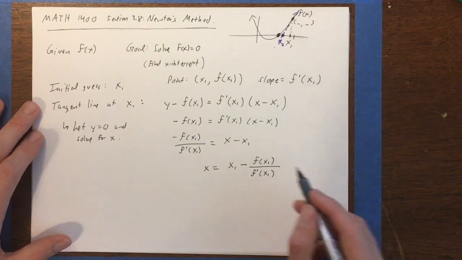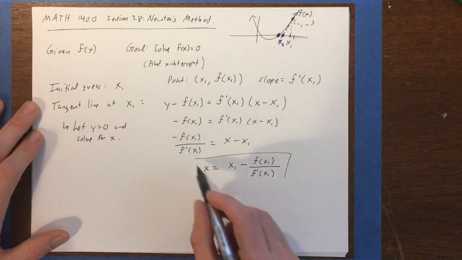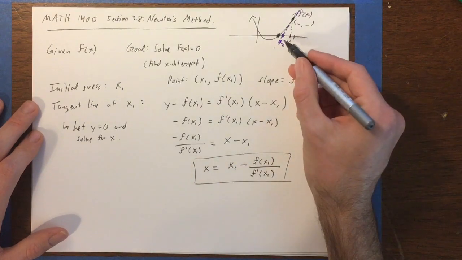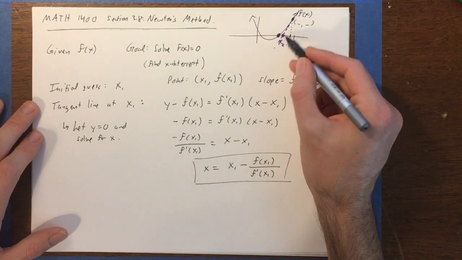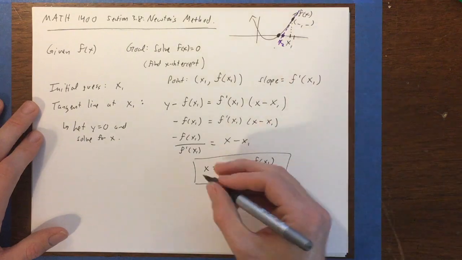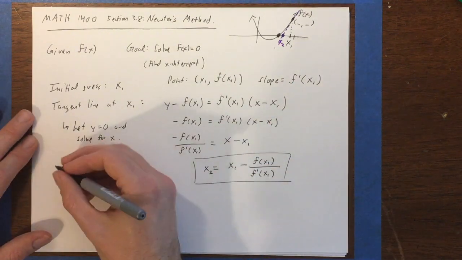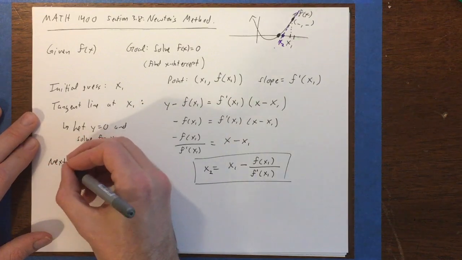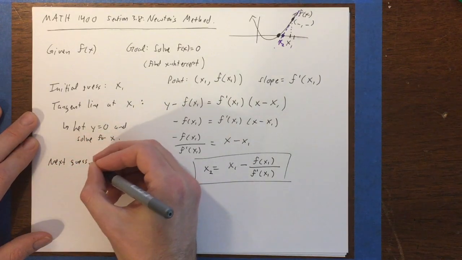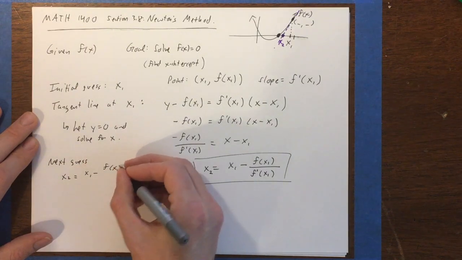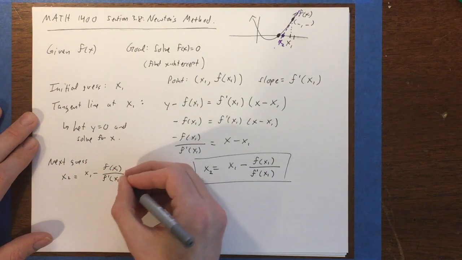And that right there is our formula for getting the next number in the sequence. This number, the x-coordinate of the x-intercept of the tangent line, would become x2. So your next guess, x2, would be this.